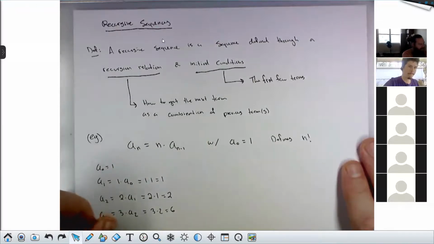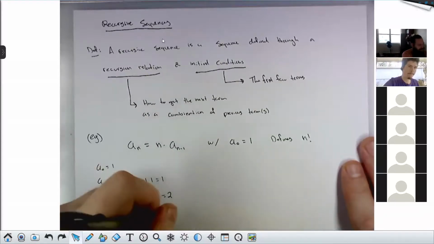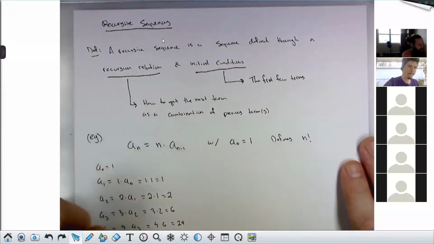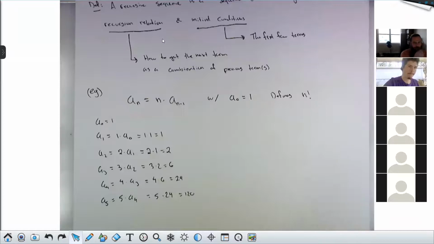You see where this is going, right? a_4 is 4 times a_3, which is 4 times 6, which is 24. a_5 would be 5 times a_4, which would be 5 times 24, or 120. So how do you find these values if you don't know the previous term?